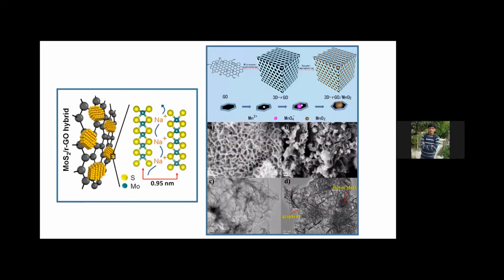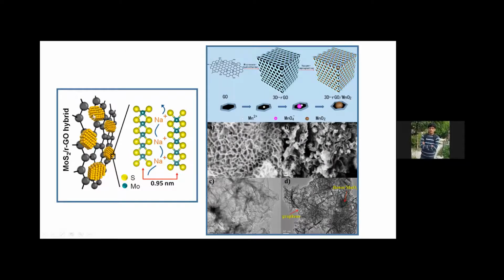Another example for the hydrothermal is the graphene and MoS2 hybrid. So see, during the hydrothermal reaction, if we use graphene oxide and do the hydrothermal, we can get reduced graphene oxide. And if we use graphene oxide and MoS2, it becomes the MoS2 graphene hybrid.